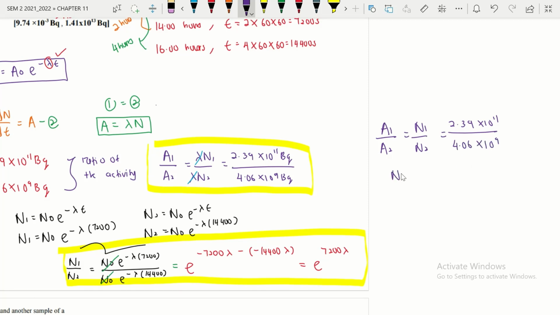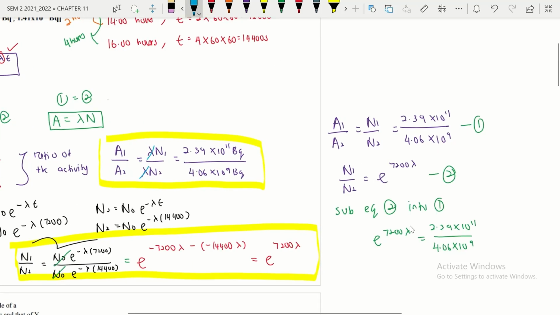And N1 over N2 is exponent 7,200 decay constant. So this is your first equation and this is your second equation. We substitute equation 2 into 1, because we want to find our decay constant.